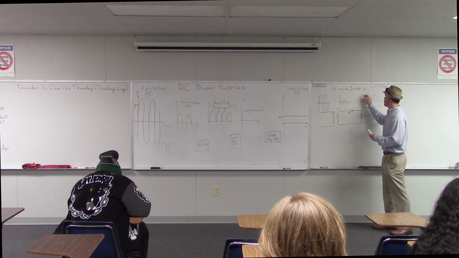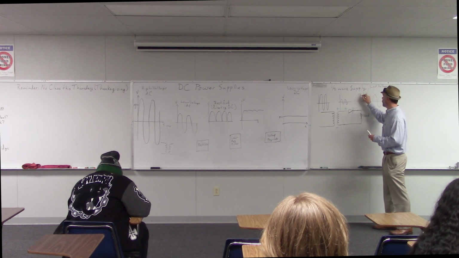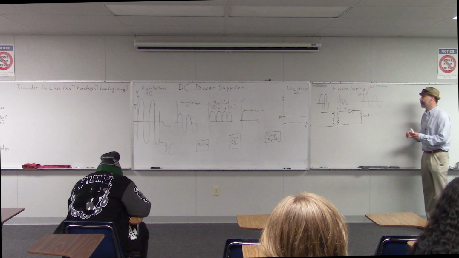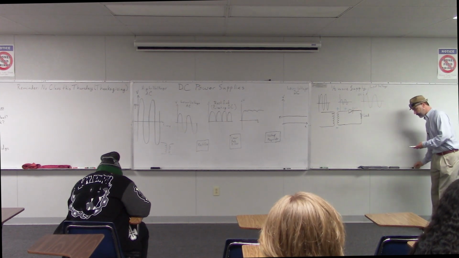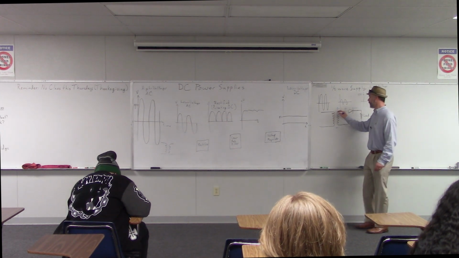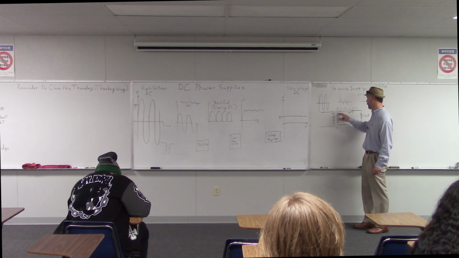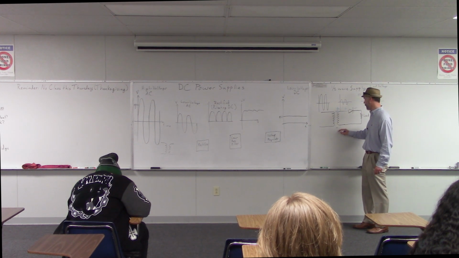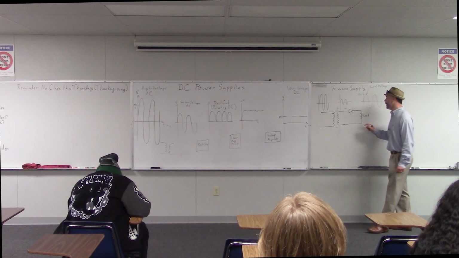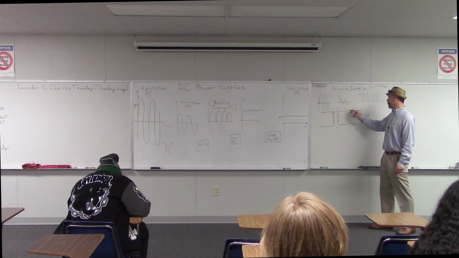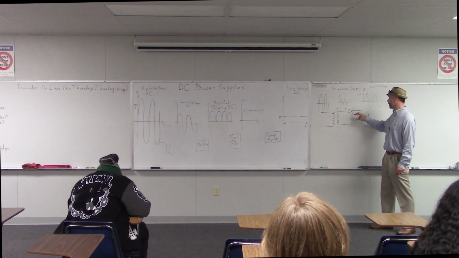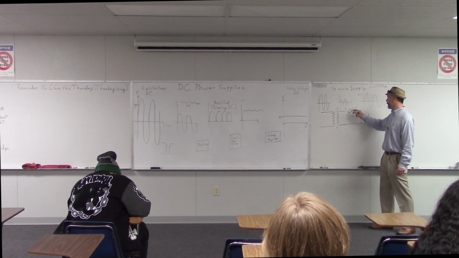Say this was 10 volts peak. That means we've got positive 10 volts at the top of the transformer and ground down here. So the current is flowing through our diode.